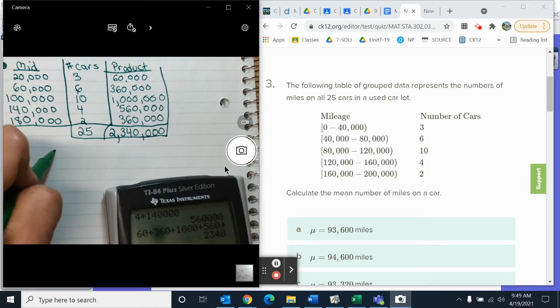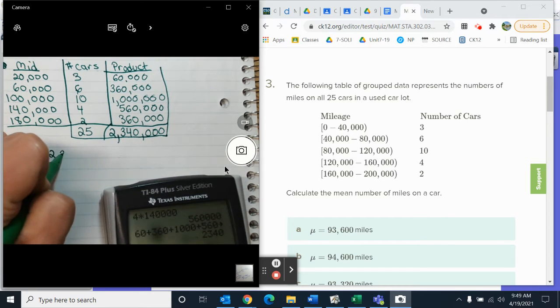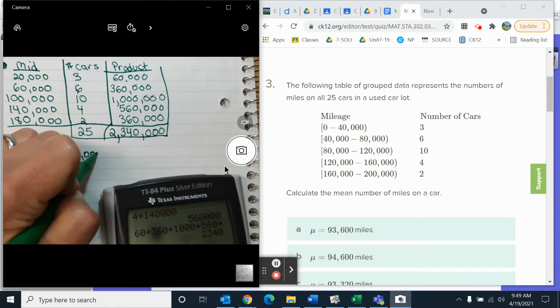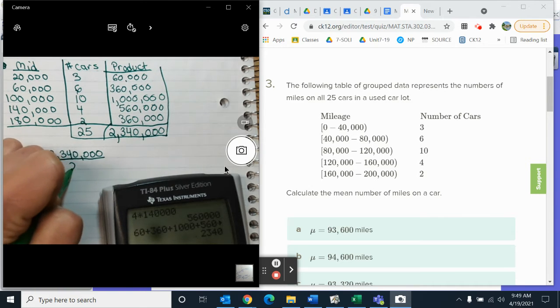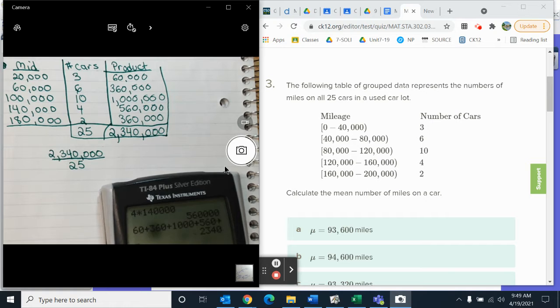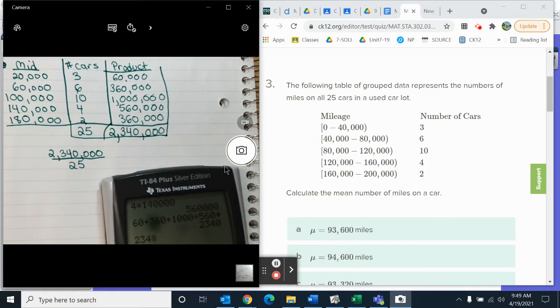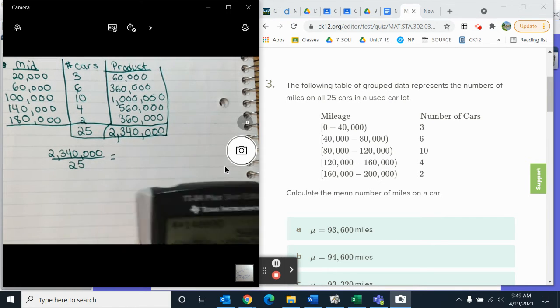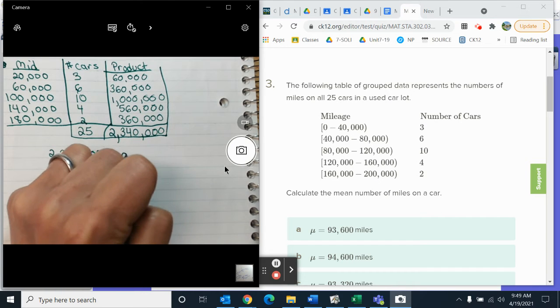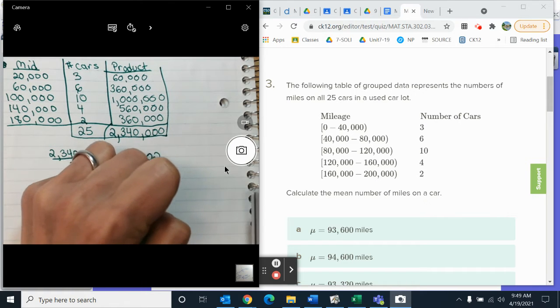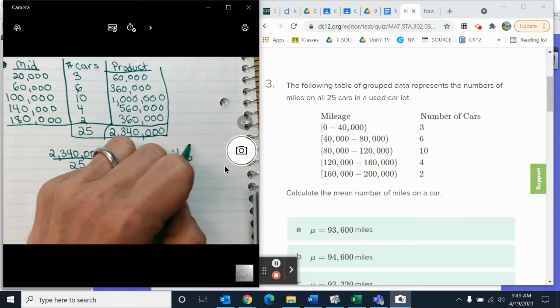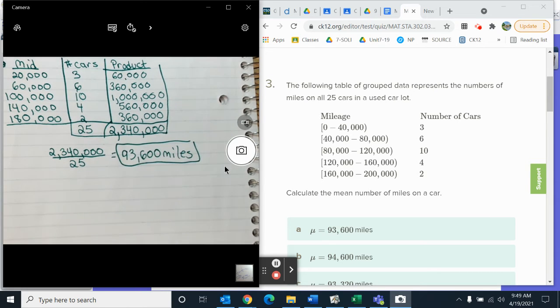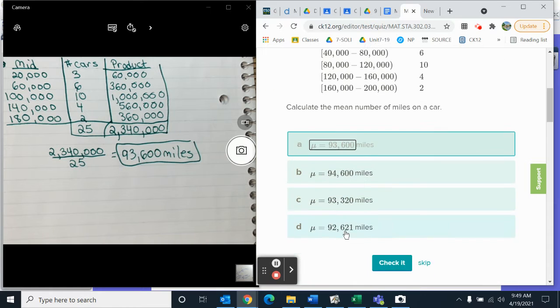And then we divide that by 25. 2,340,000 divided by 25, and we get 93,600 miles on average amongst those 25 cars. We can see right here, that is our first option.